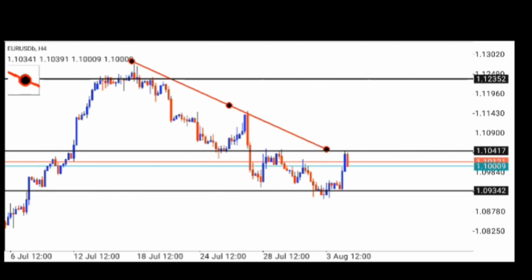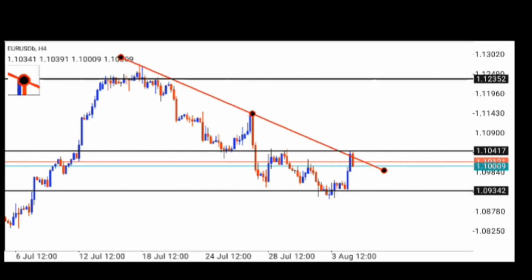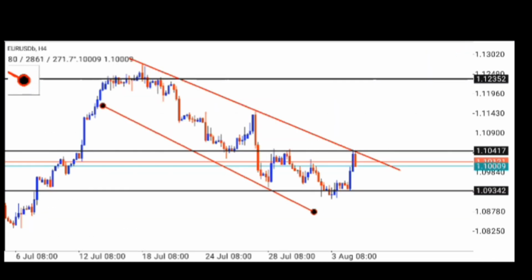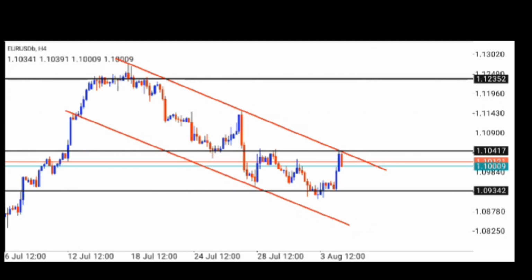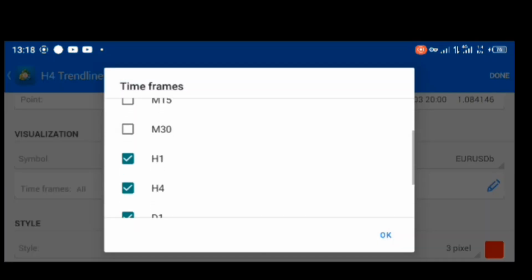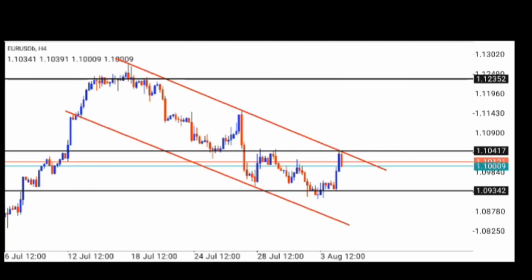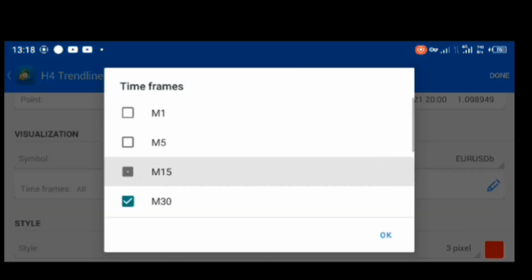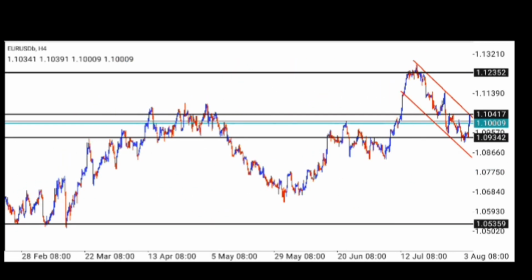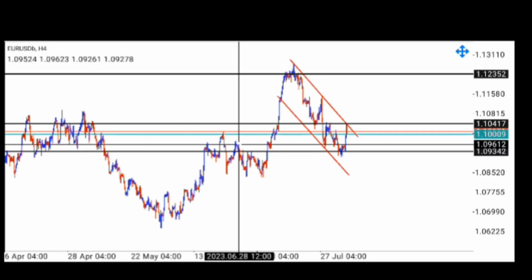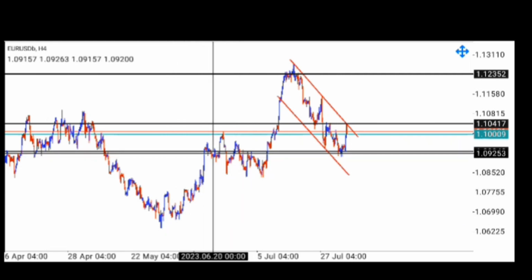I have this sort of channel right here, not exactly a channel, but a correction form of a continuation pattern, because as you can see the market has been on a bullish momentum.